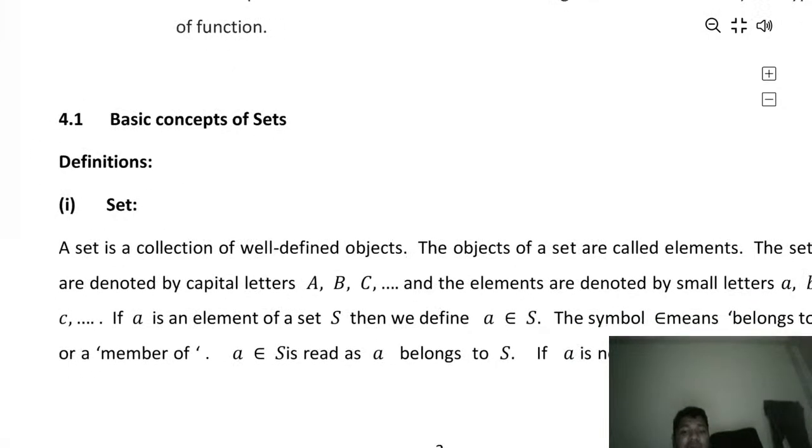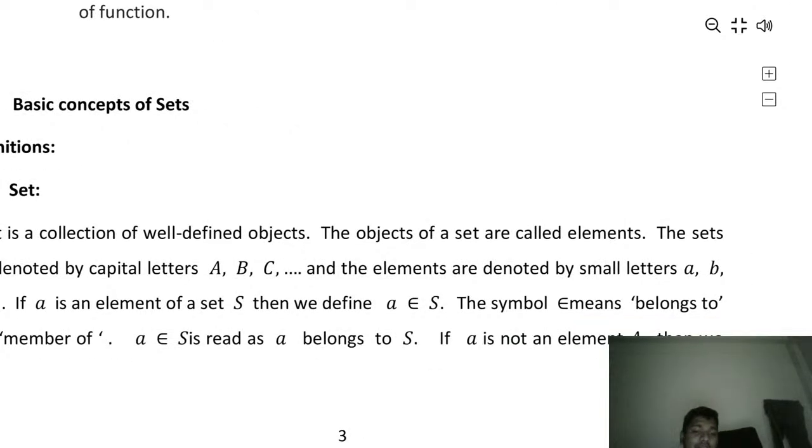The sets are denoted by capital letters A, B, C, and the elements are denoted by small letters a, b, and c.